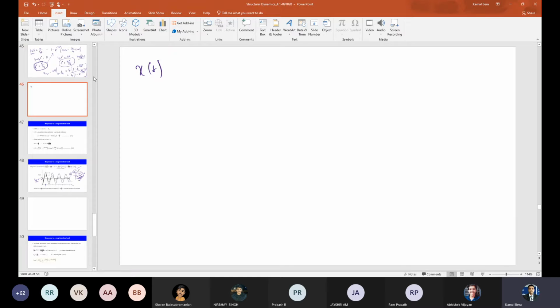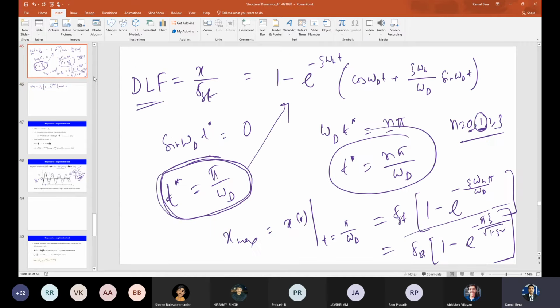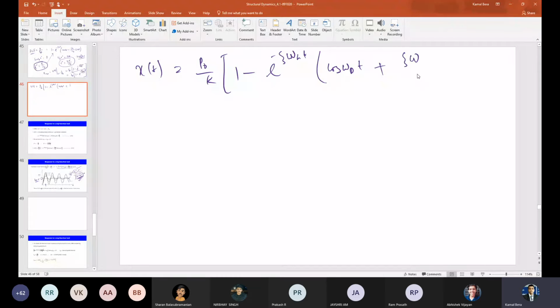So what is x(t)? It's p naught by k into 1 minus e to the power minus zeta omega n t, cosine omega d t plus zeta omega n by omega d sine omega d t.